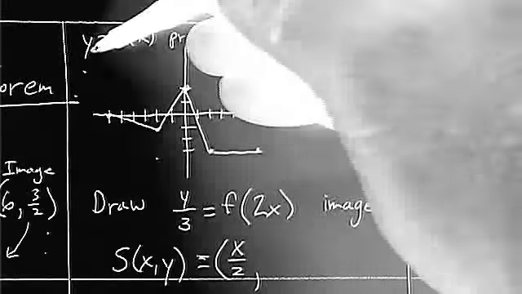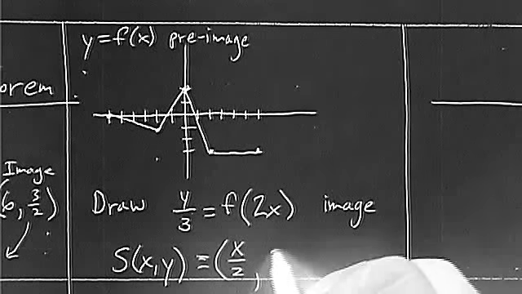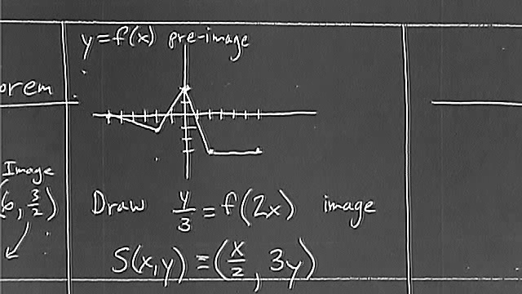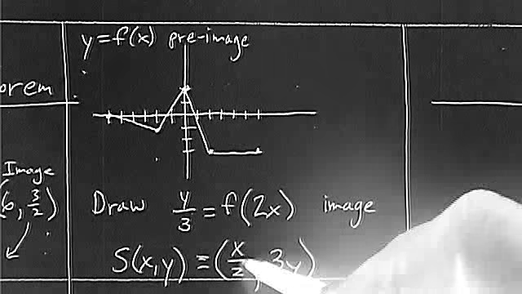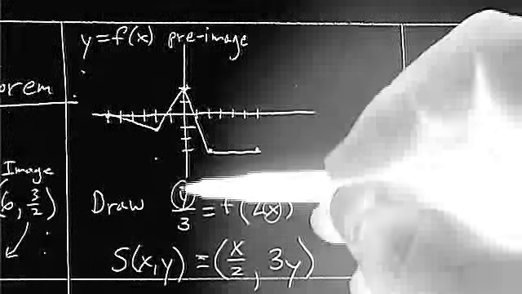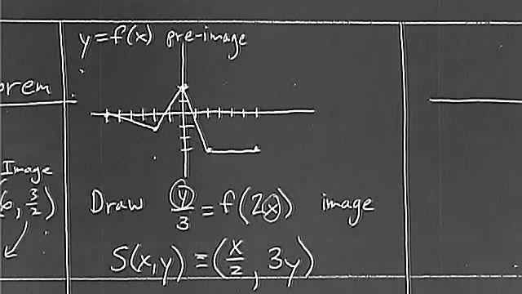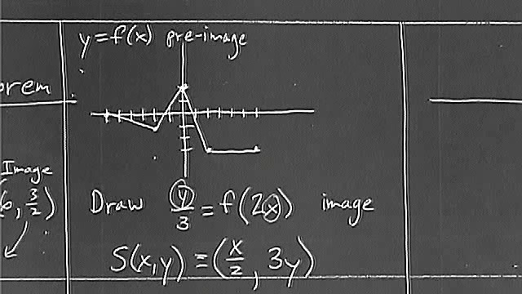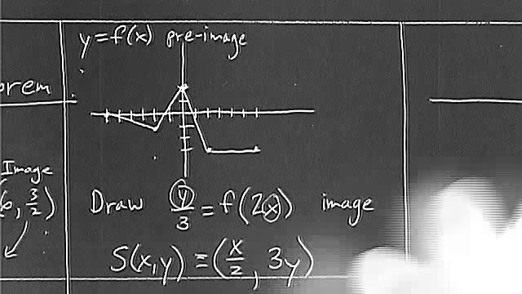And if you replaced y with y over 3, then the rule must have said 3y. Remember, these are the things that I would use to substitute in here for x and y, which would eliminate the 2 and the 3 and get me back to the original. So the rule never lies, right?